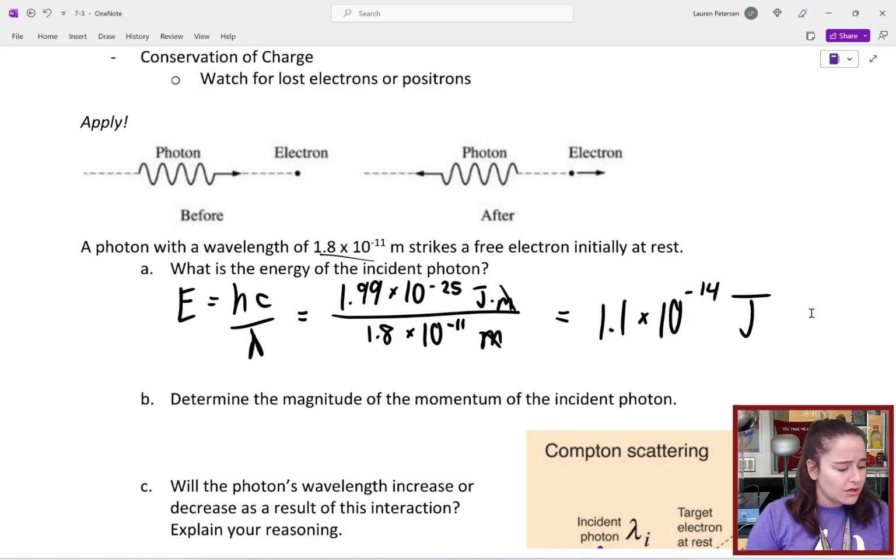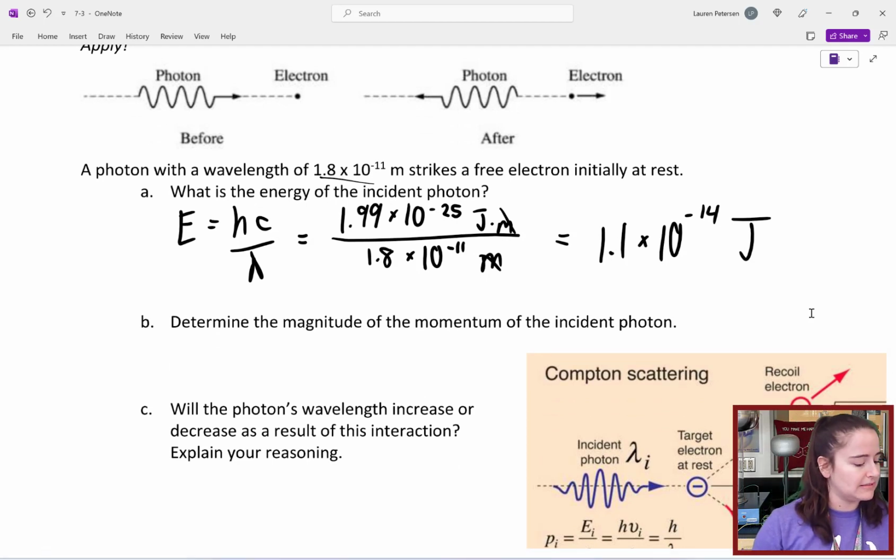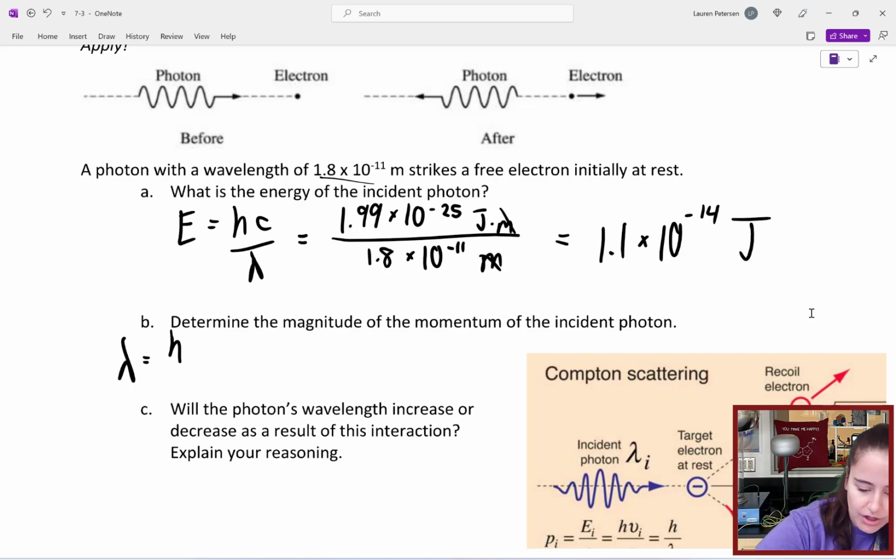Okay. So what is the magnitude of its momentum? Okay. So it is a photon. It has a wavelength, and we relate wavelength to momentum by the de Broglie wavelength. So the de Broglie wavelength of anything equals h over p.